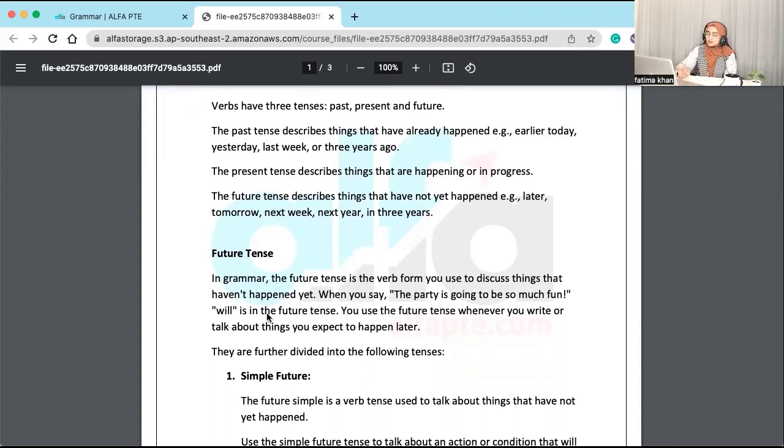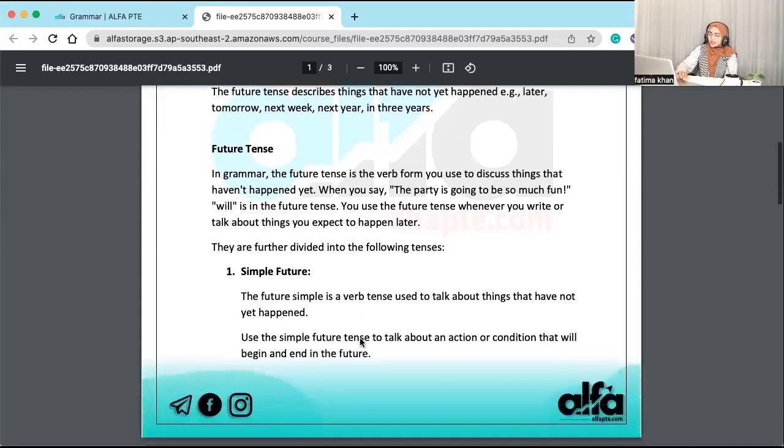Will is used for future tense. You use the future tense whenever you write or talk about things you expect will happen sooner or later. Again, like I said, they're further divided into four types: simple, perfect, continuous, perfect continuous.